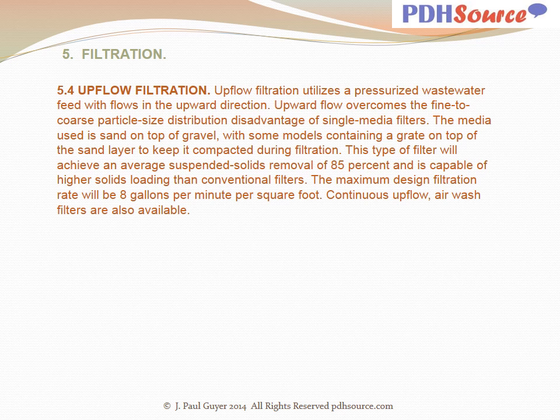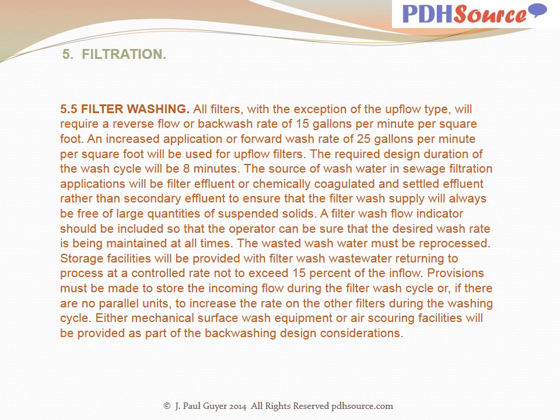This type of filter will achieve an average suspended solids removal of 85% and is capable of higher solids loading than conventional filters. The maximum design filtration rate is going to be typically about 8 gallons per minute per square foot. Continuous upflow air wash filters are also available in this category.